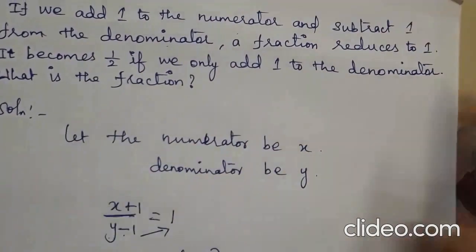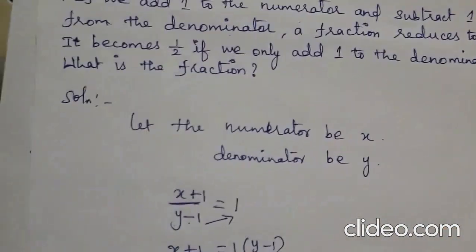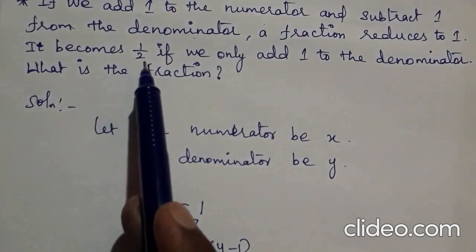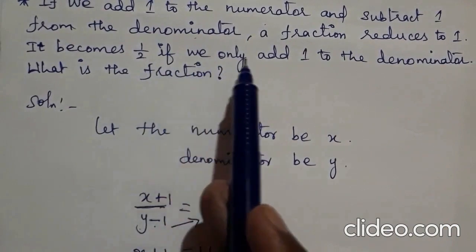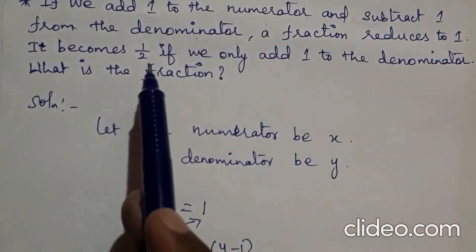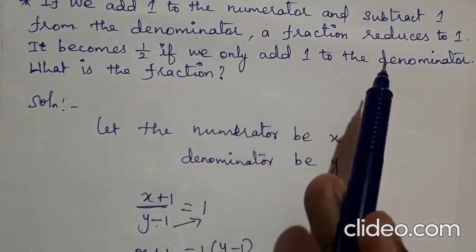It becomes 1 by 2 if we only add 1 to the denominator. When we are getting 1 by 2, we are just adding 1 to the denominator.